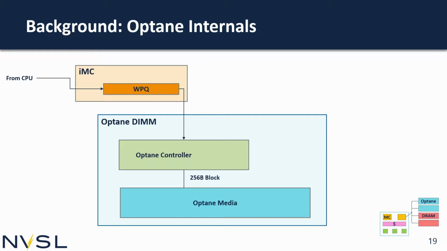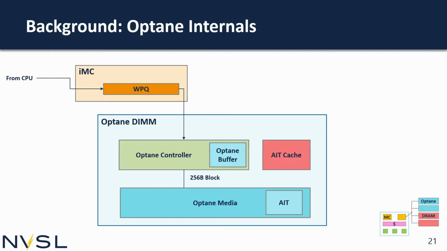But because the IMC and the rest of the cache hierarchy work at the granularity of cache line, 64 bytes, that means that the Optane controller needs to have some sort of buffer that's adjacent to or attached to the controller, which allows you to merge adjacent writes in order to build up this 256-byte block and write it back to Optane media. Now, one other thing that's going on inside of this is we need some method of doing address translation.